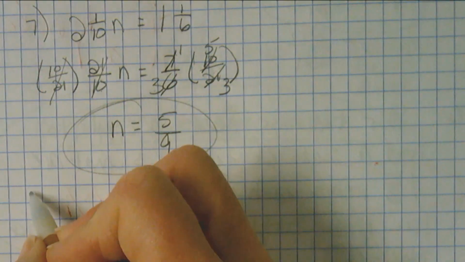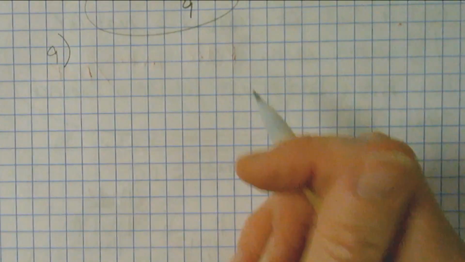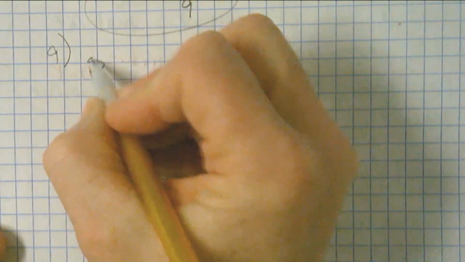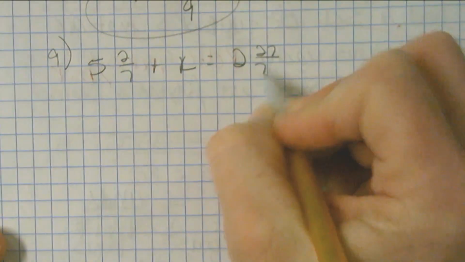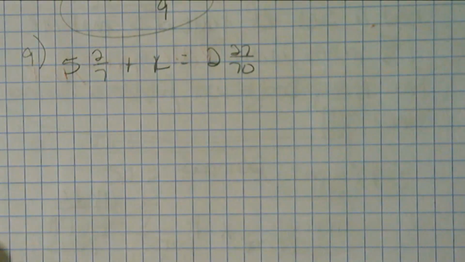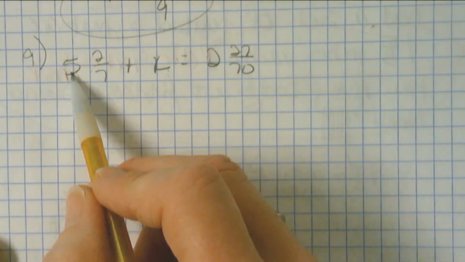Christiana? Let's take a look at 9. Number 9 said 5 and 2/7 plus k is equal to 2 and 27/70. Is this the one you're talking about? Excellent. All right, I have addition between my variable and my fraction.